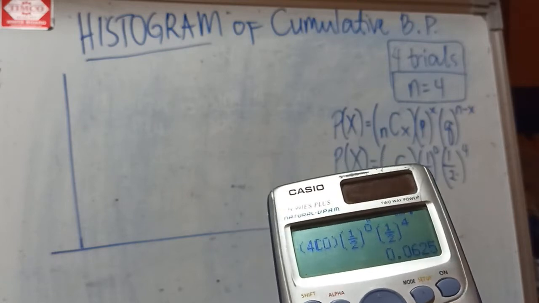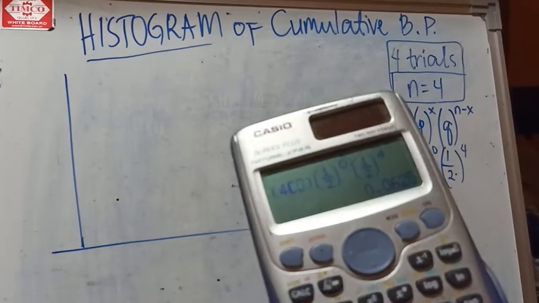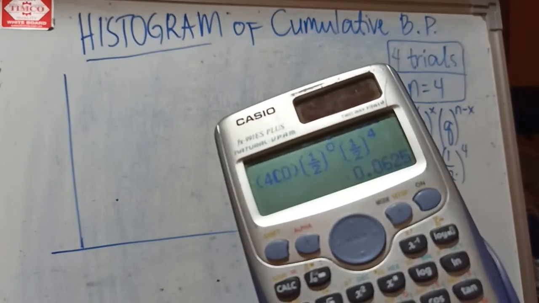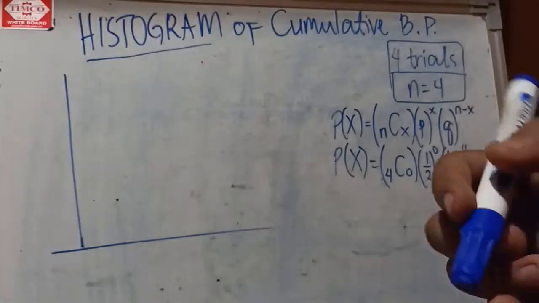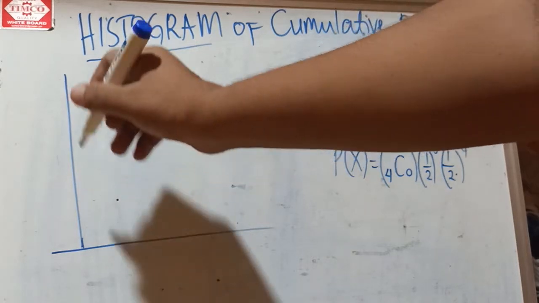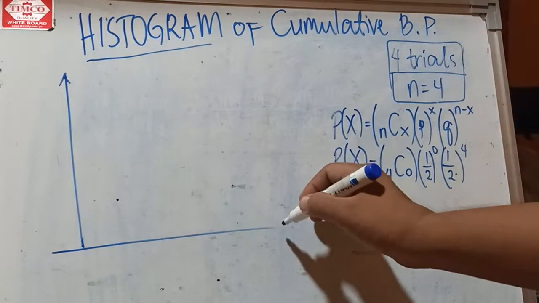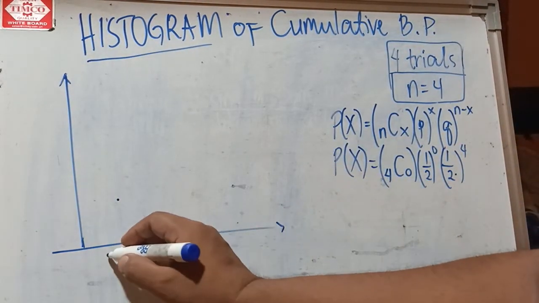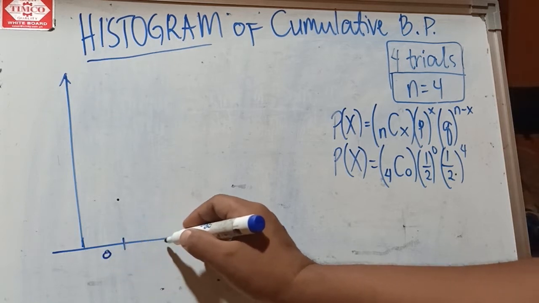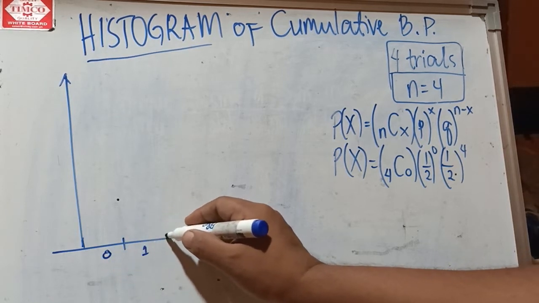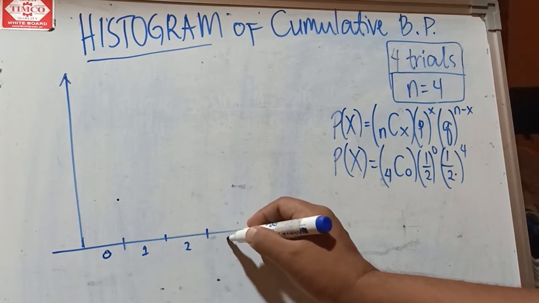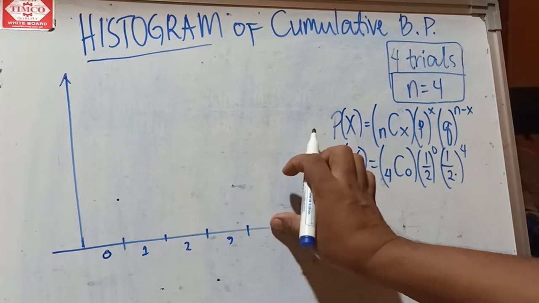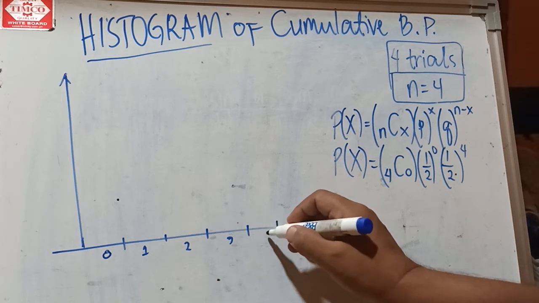If we put it into decimal, we get 0.0625. So here is our histogram. Let's say this is 0, then this is 1, this is 2, then this is 3, this is 4 here.